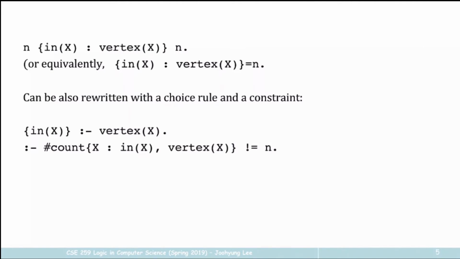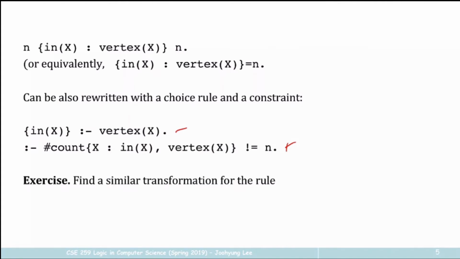Okay, so these two rules are actually same as the rules above. Here we just say, choose any subset of the vertices, and then we say that this subset should contain exactly n elements. Okay, so you can write that way.